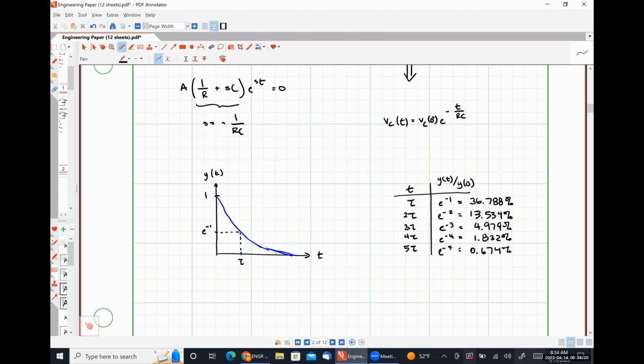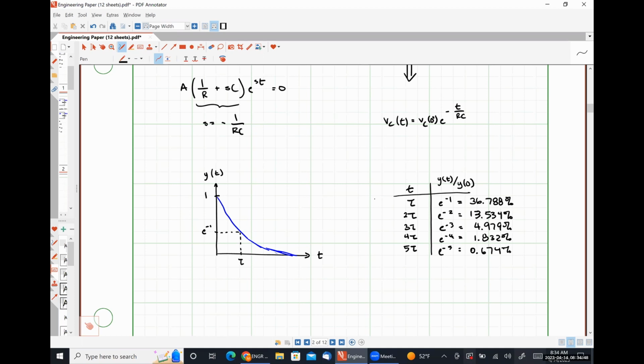So it takes a signal 5 time constants to decay from 100% down to less than 1% of its original value. So 5 time constants is what electrical engineers consider to be infinite, because we're saying it's fully discharged, whatever it is. Okay.